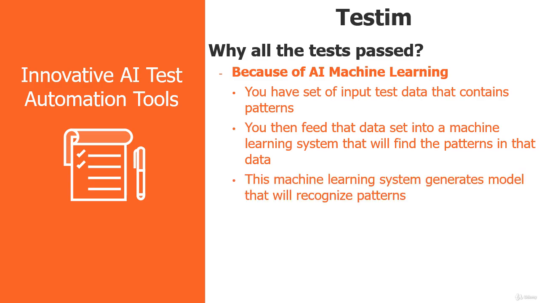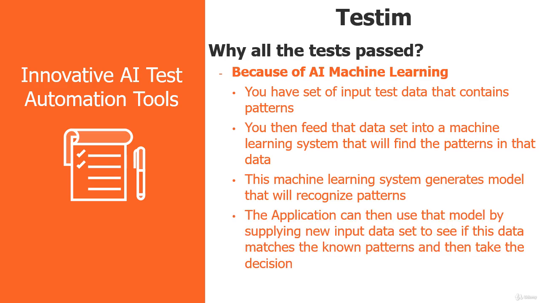This machine learning system generates a model that will recognize the patterns. The application can then use that model by supplying a new input data set to see if this data matches the known pattern and then take the decision. And that's why all the tests have passed. The more you run the test, the more the machine will learn.